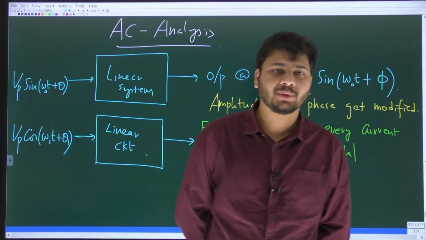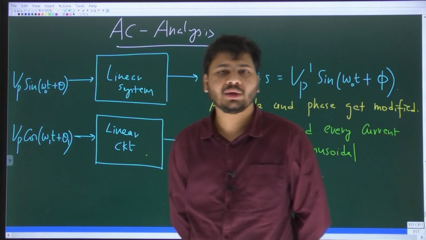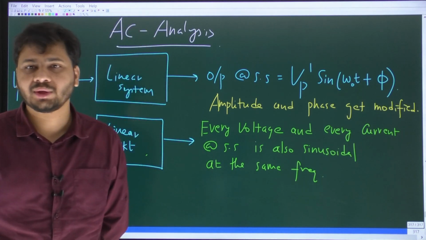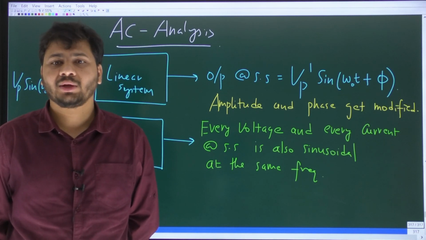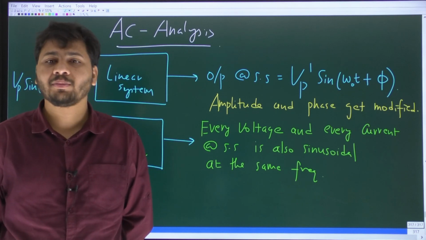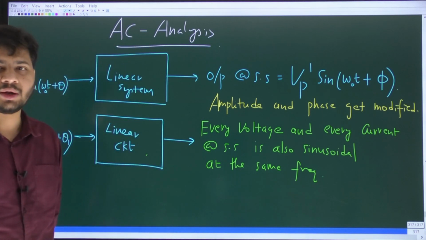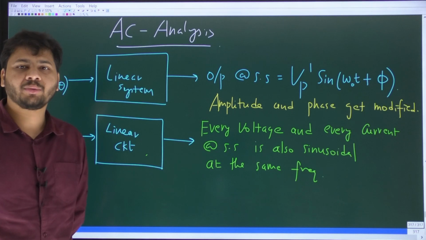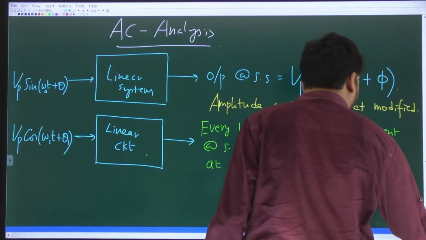So it is always assumed that our linear circuit has reached steady state, in which case, at steady state, the transient or the natural response will completely decay to zero, so that the only thing that is left is the steady state response. So the complete response at steady state will simply be equal to the steady state response. And the steady state response of any linear circuit to a sinusoidal input is also going to be sinusoidal at the same frequency. Okay, that's the point.